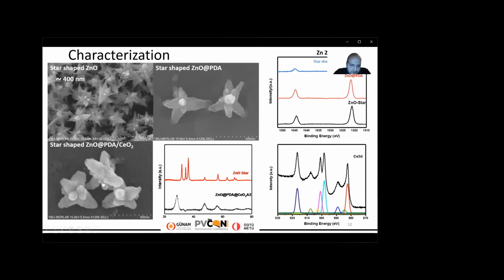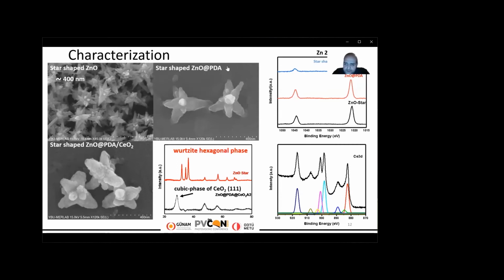And in this image, you can see the cerium oxide nanoparticles on the zinc oxide polydopamine structure. The XRD results of zinc oxide nanoparticles can be seen here, and the diffraction patterns reveal that the structure is wurtzite hexagonal phase. And the XRD results of zinc oxide polydopamine cerium oxide, and we can see the cubic phase of cerium oxide.